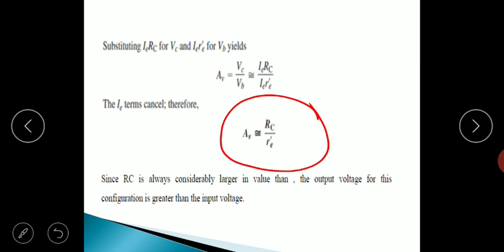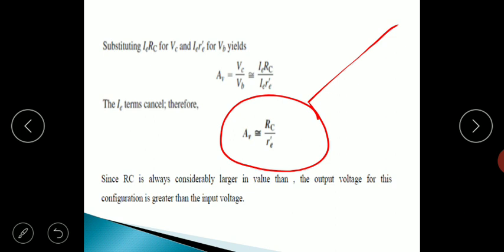And from this you can see that since RC is always considerably larger in value, the output voltage for this configuration is definitely more than the input. Hence we call this circuit as transistor amplifier. So this is the voltage gain of the transistor amplifier, which is given by AV equal to RC by RE dash.